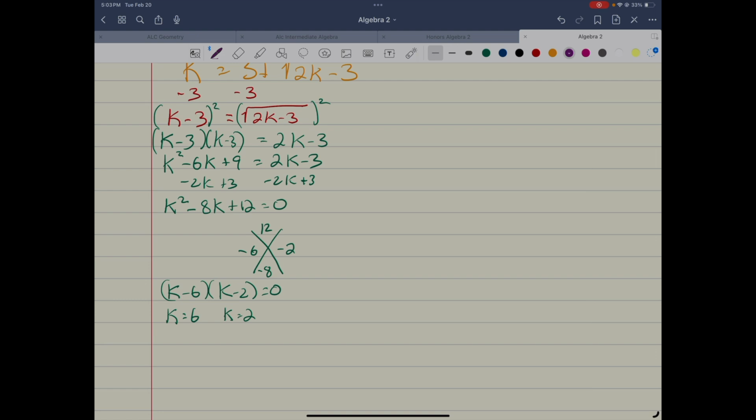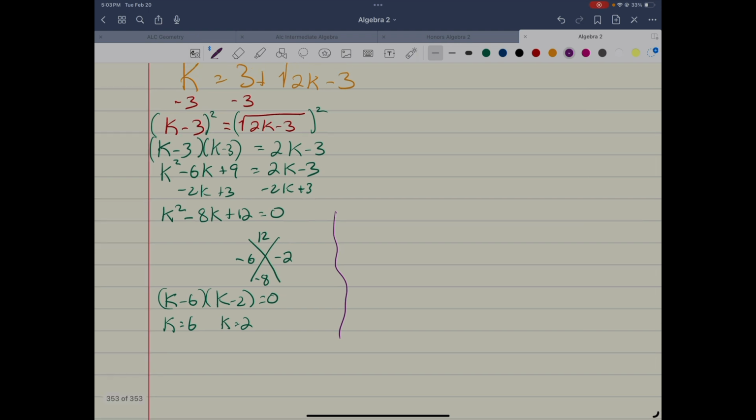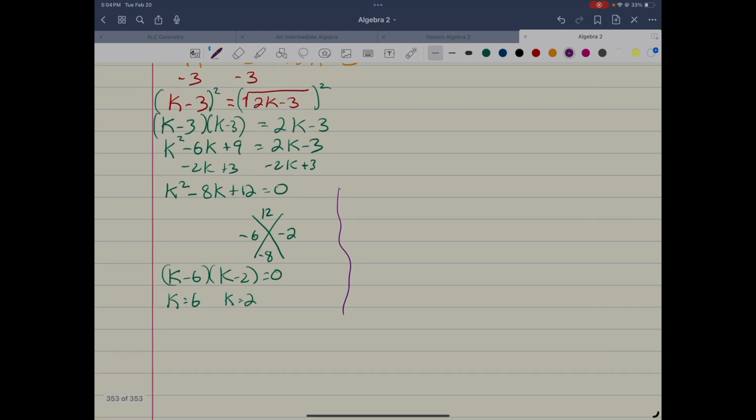We'll change colors here. Go back to our original problem. Check the 6 out. So the original was k. Our k value is 6, is equal to 3 plus the square root of 2 times 6 minus 3.